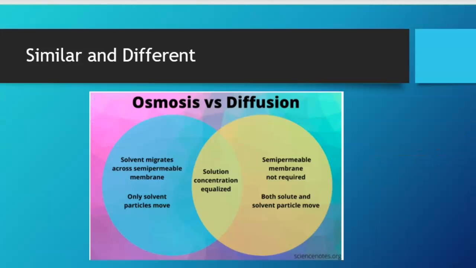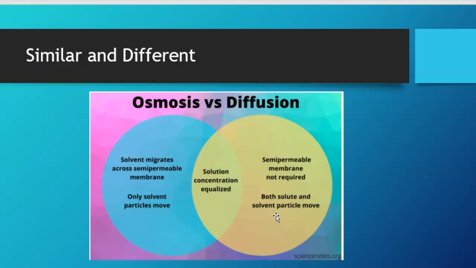As you look at this Venn diagram, you can see that in osmosis, the solvent migrates across a semi-permeable membrane. So there's a little wall between the two sides of where we want things to go across, and only one part of the solvent moves. In the diffusion side of transport, we don't need that cell membrane.